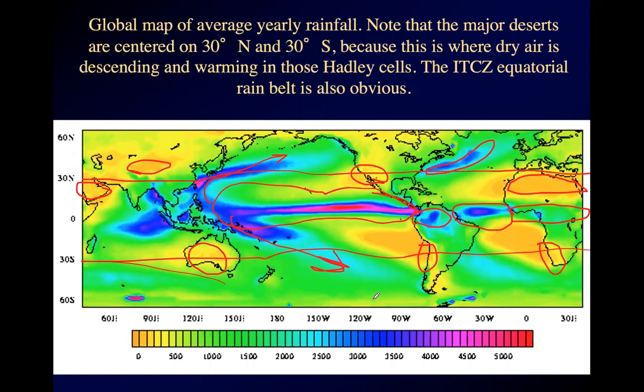And this is what sets up the distribution of some major biomes. You might remember that a biome is a global grouping of similar ecosystems. The Sahara Desert in Africa and the Australian Desert and the Mojave Desert in Southern California and Nevada, they're on different continents and they've got different species of animals and plants, but even though the species are different, they share very similar adaptations.